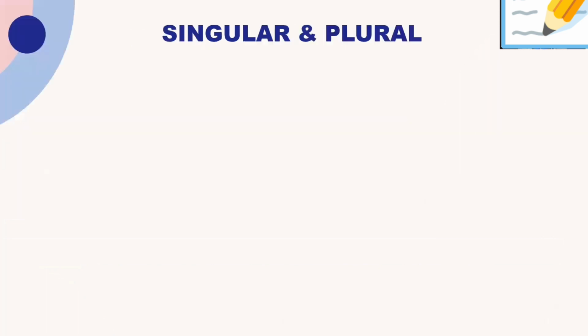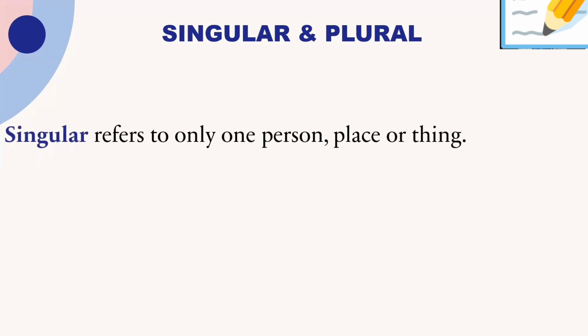Let's move on. Singular and plural. Singular refers to only one person, place, or thing. Okay, only one person, one place, one thing. Examples: house. Here we're talking about one house. Cat. Here we're talking about one cat.